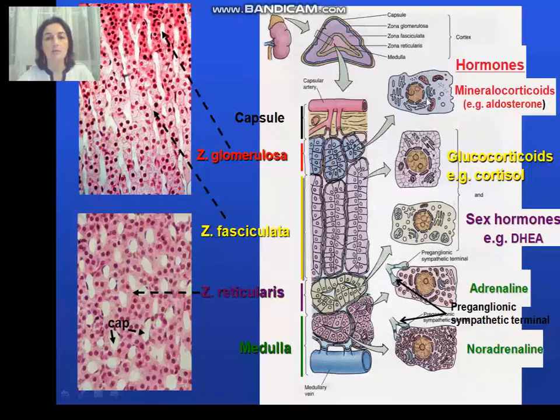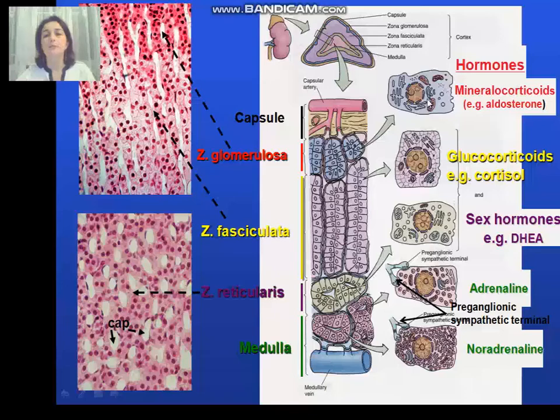Here we have cells which produce mineralocorticoids, that is aldosterone or deoxycorticosterone. Their amount will be increased under the activity of ADH or angiotensin II.